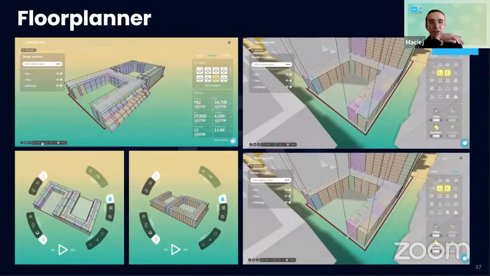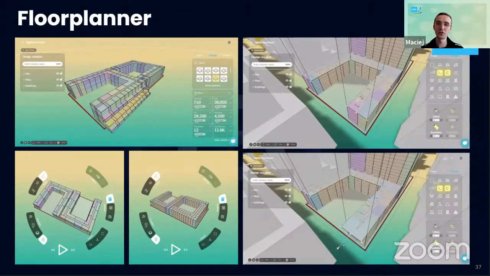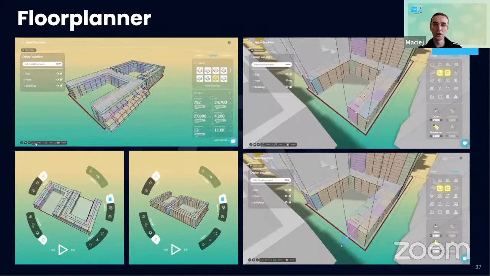As for me, I am developing our new floor planner solution, which gives you the opportunity to check various building tenancy scenarios.